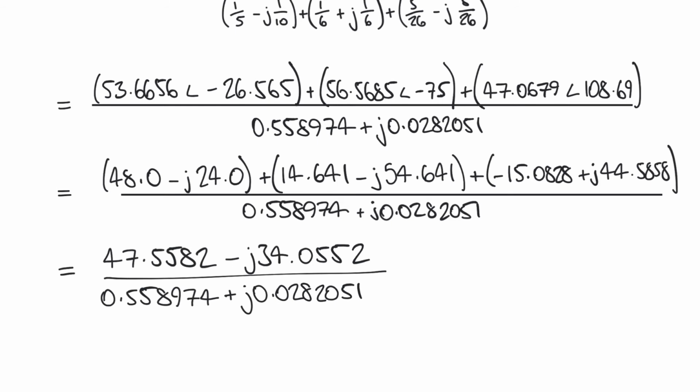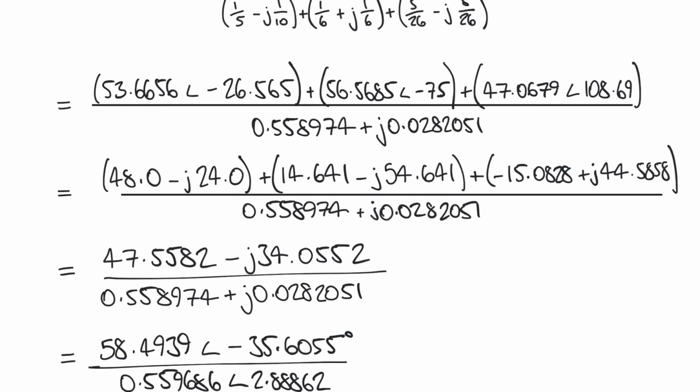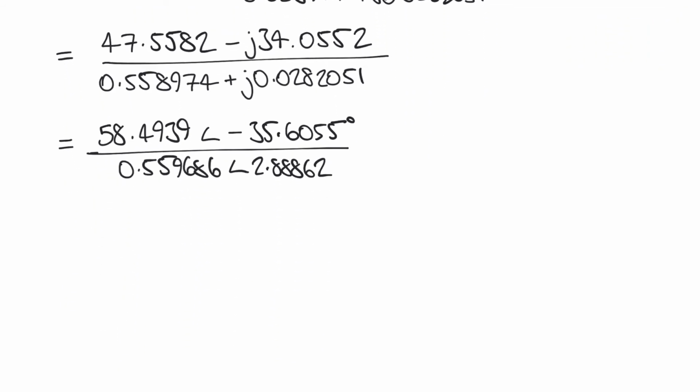Finally, we could use the complex conjugate to perform this division in rectangular form as it stands. We're going to cheat a little bit and convert them both back to polar form, just using the pol function on the calculator. We've converted these to look something like this now.